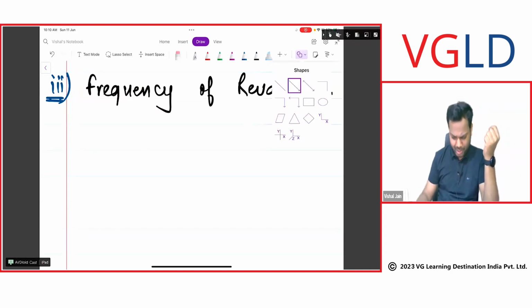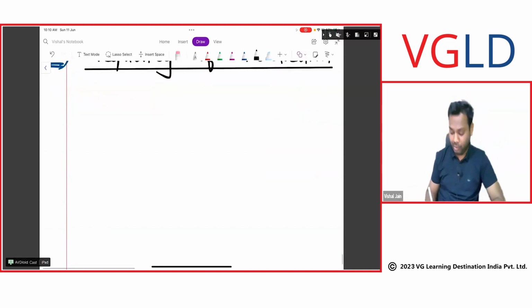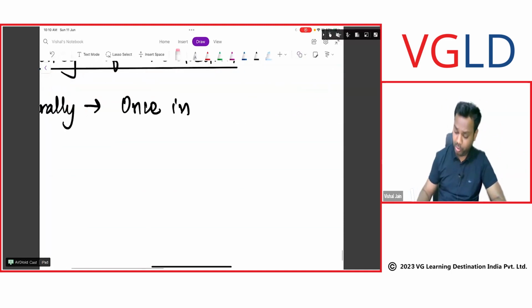Shall we revalue every year, or once in 2 years, or only once in the life of the asset? The standard says, generally, it's not the rule, generally you have to revalue once in 2 to 3 years.